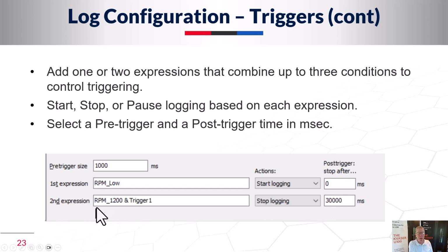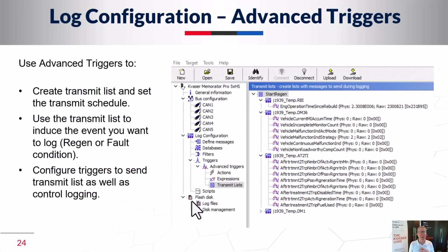We're going to stop logging with RPM 1200 and trigger 1, whatever those conditions are that are defined in the previous menu. So you select a combination of expressions and how those expressions control actions, which are things that take place into the memory: start, stop logging, markers, things like that. So very, very flexible there.